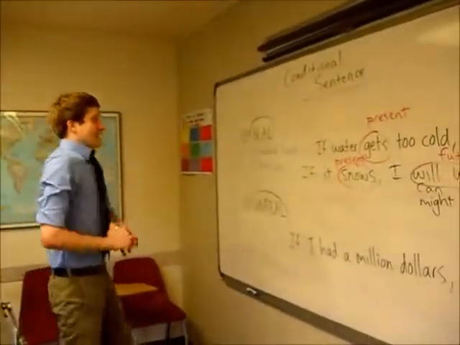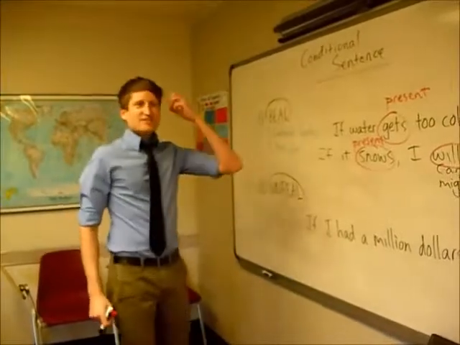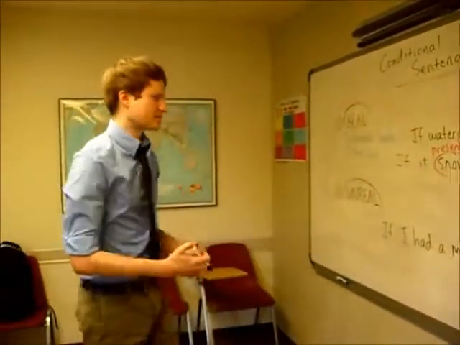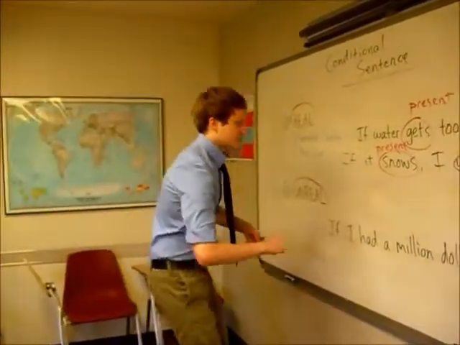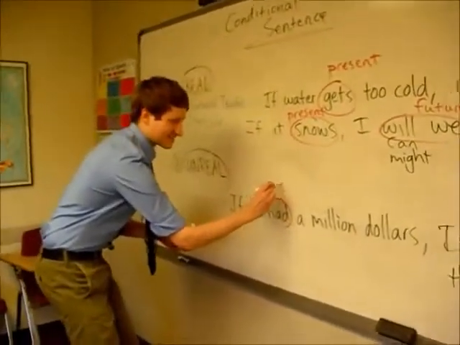Actually, $1 million might not be enough. Maybe not enough money. Anyway, this is not real. I do not have $1 million. This is just a dream in my mind. This is my imagination. So if it's not true, you should use the past. Had. This is actually the past.